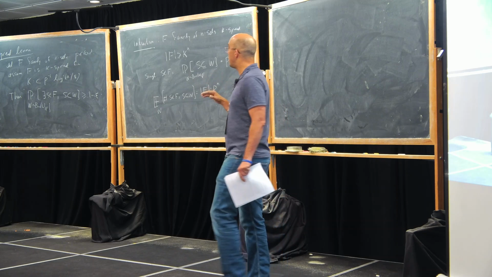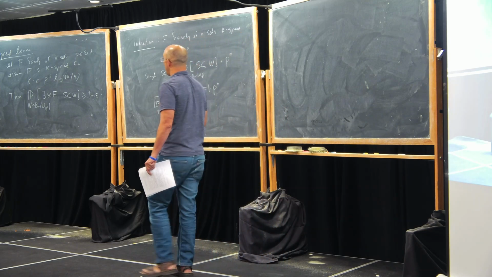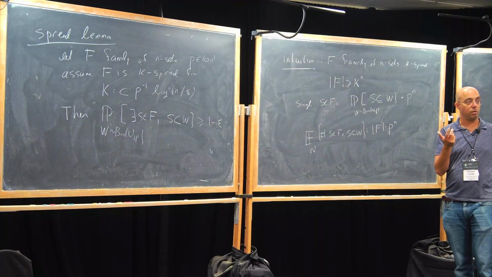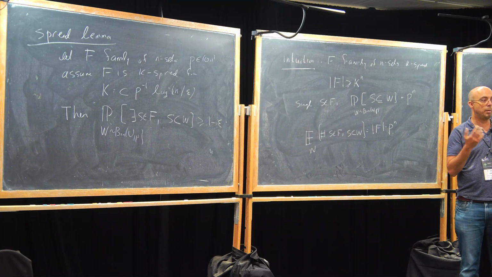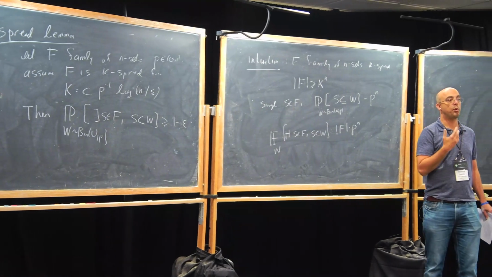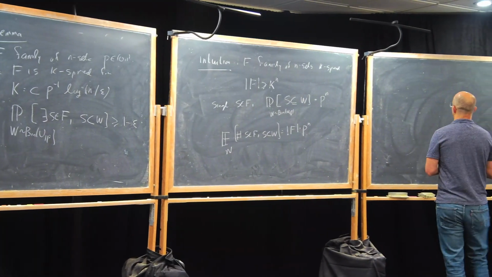What we're going to prove now is that if your family is spread with a parameter much better than what we saw before, it is still guaranteed to contain R pairwise disjoint sets. So we get basically the same proof structure, but with improved parameters. Let me now write this lemma.